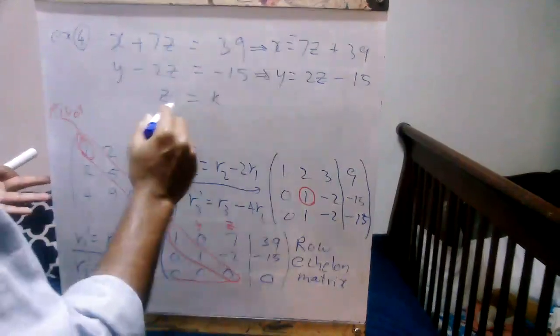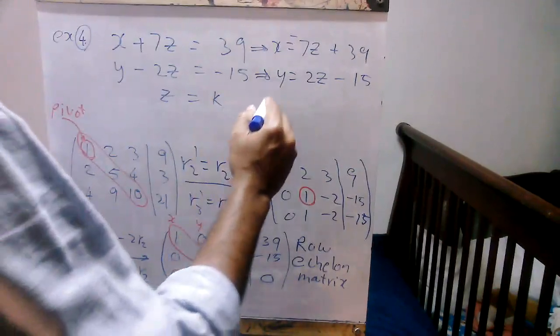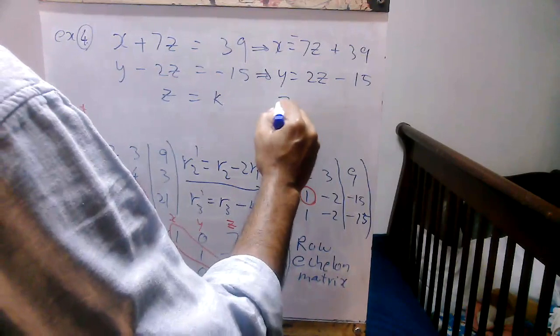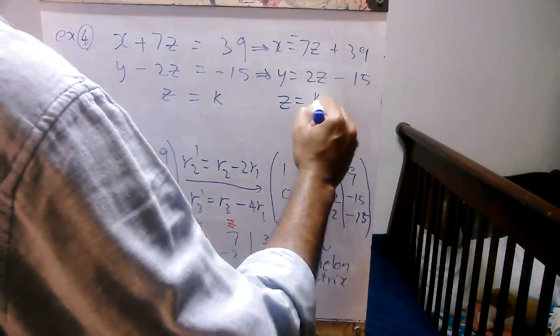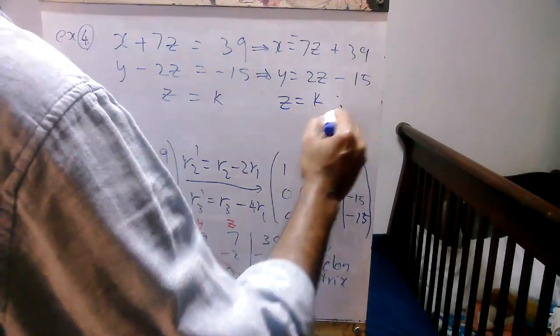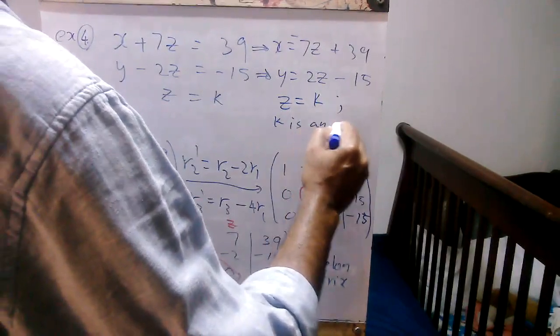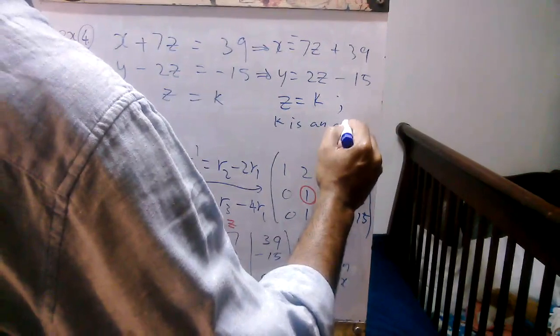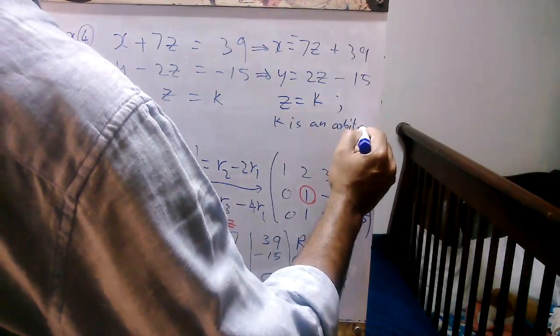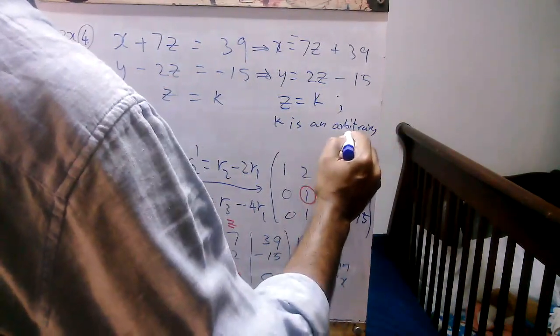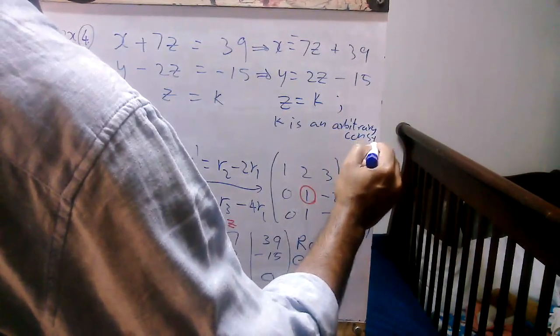I write this one as it is, z equal to k, where k is an arbitrary constant. Right.